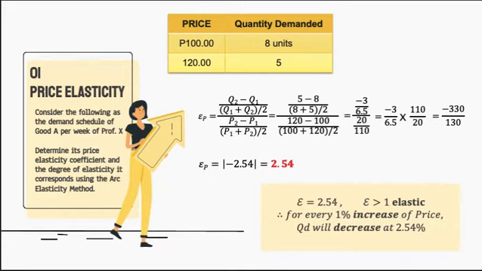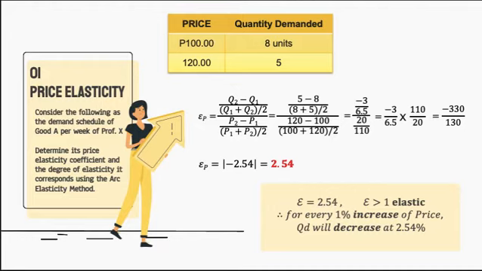Price elasticity of demand measures the degree of responsiveness of quantity demanded for every change in price. Since price and quantity demanded are inversely related, then the value of its elasticity is negative. Since we have noted earlier that there shall be no negative elasticity coefficient, then we are going to take its absolute value.